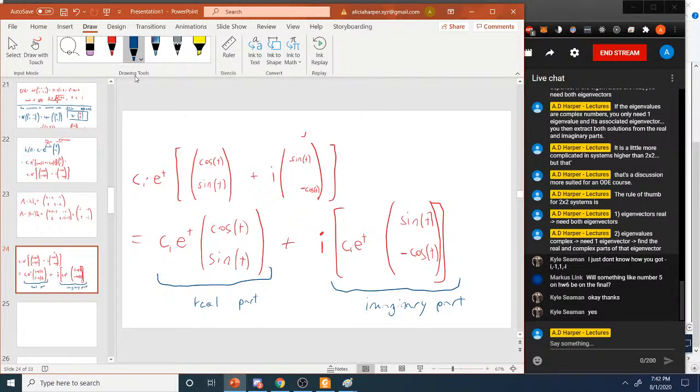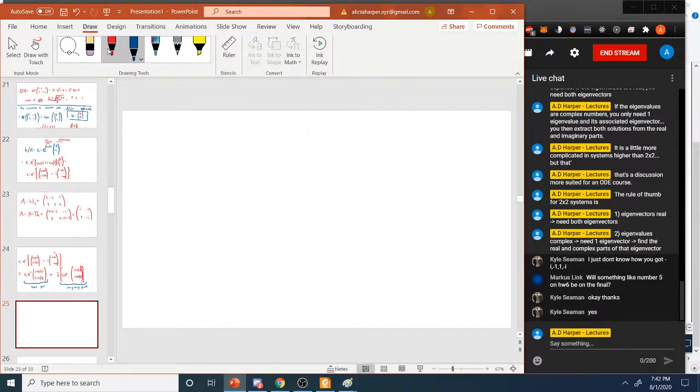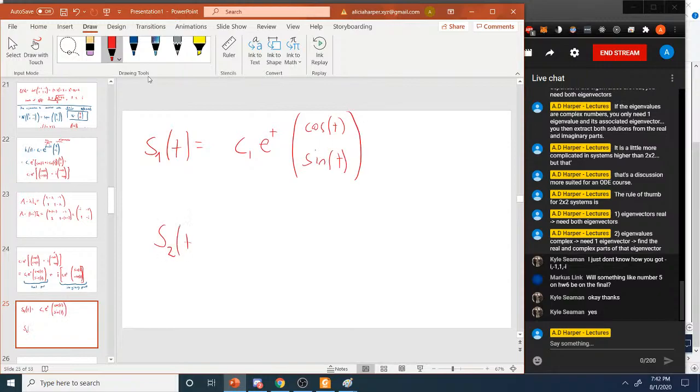So what I'm going to do is I'm going to define, call it S1. This is going to be my first solution. S1 of t is going to be defined to be C1 e^t times cosine of t, sine of t. And then I also have to define S2 of t.